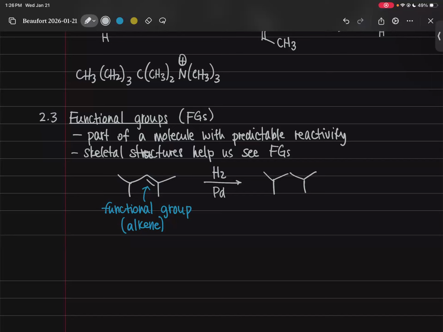And you can immediately, without having to draw Lewis structures and count atoms and lone pairs and bonds and all this stuff, see what the change is, right? The double bond is gone. In fact, specifically, we've just added those two hydrogens from the H2 to each of those two carbons, but we'll get to that in a little bit. Months, a little bit. So it immediately tells us that there's been a change, and we can see where the change is.